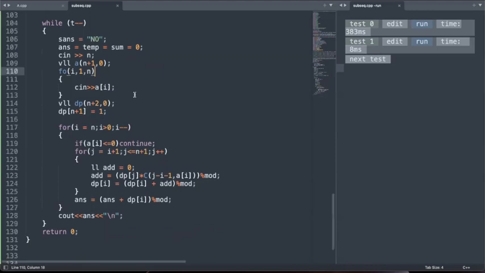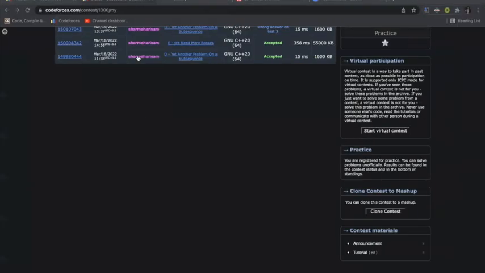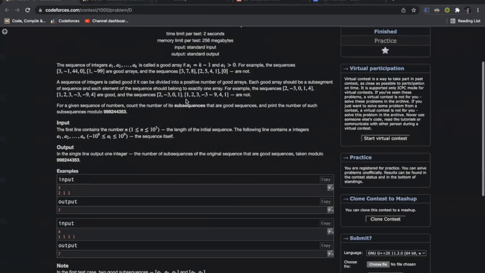Hmm. Oh yeah, that's the problem. I forgot to change the modulo value, right? Thanks a lot. You saved me around 10 to 15 minutes of wrapping my head around this.